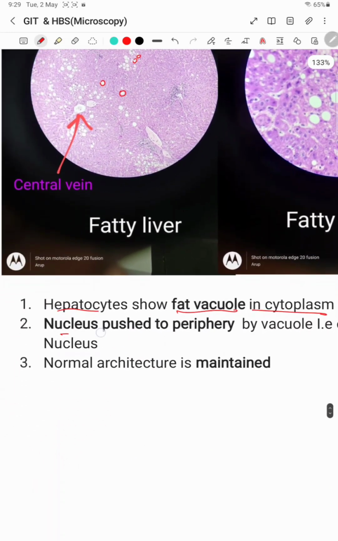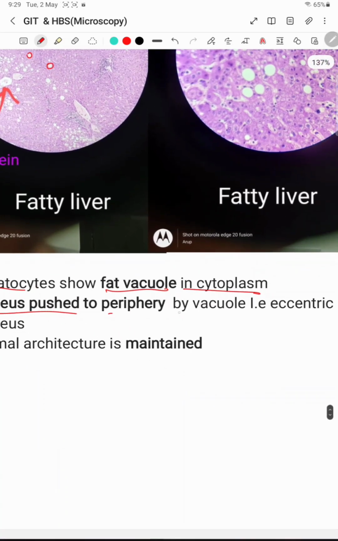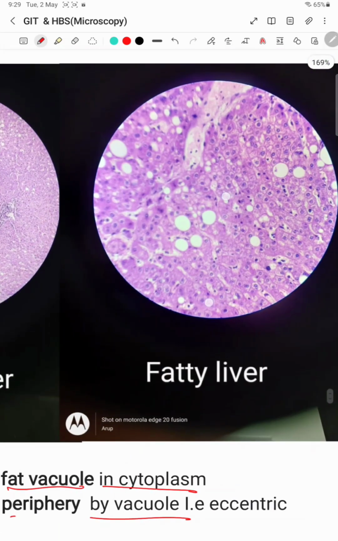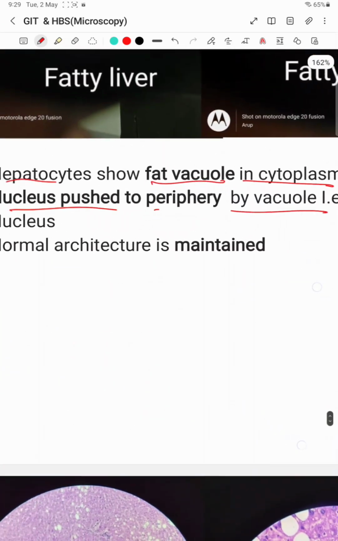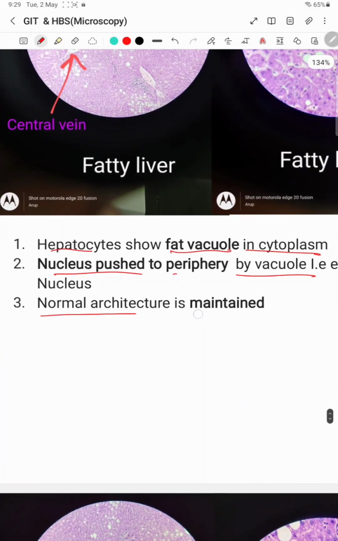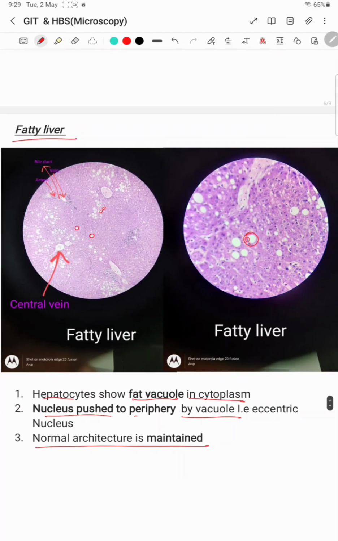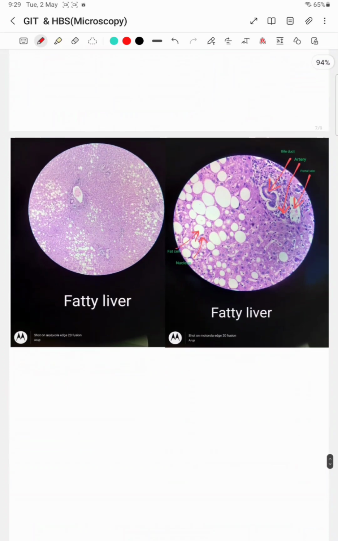The nucleus is pushed towards the periphery by the vacuole. Here you can see the nucleus. In this cell you can see the nucleus pushed towards the periphery by the fat. And in fatty liver, the normal architecture of the liver is maintained.